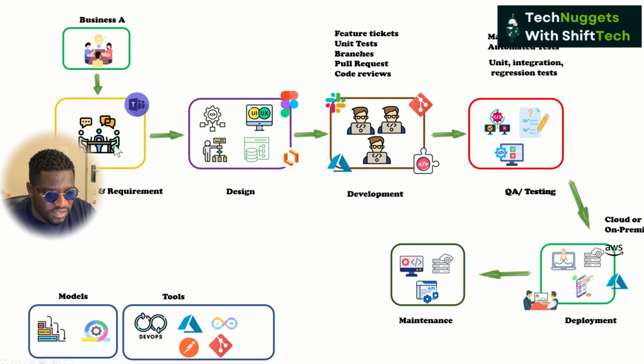It's just for meetings and stuff. Then again, on the design stage you have Figma. This is mainly used by the UI and UX designers. Then we have Lucidchart, which is being used by the database designers or these systems architects, right? So these are not only those two. There are a lot, but I just picked some common ones, right?